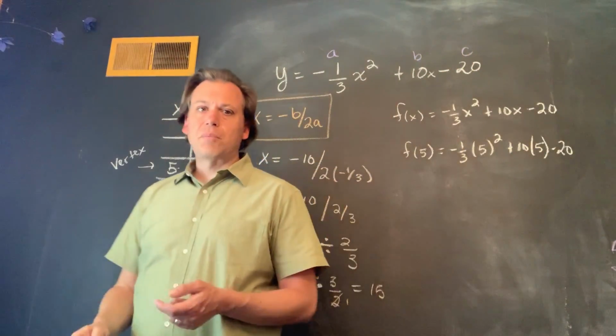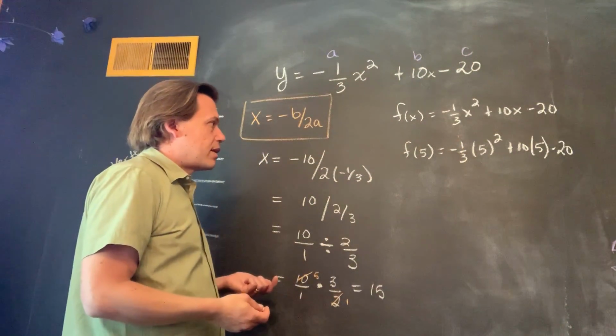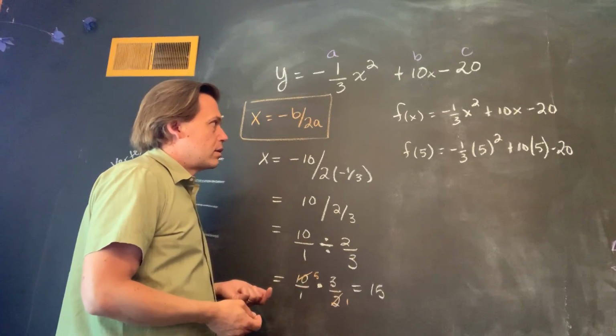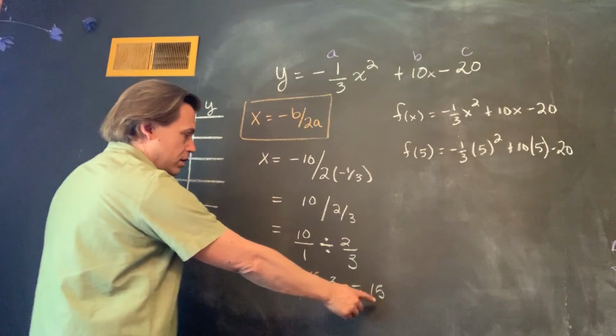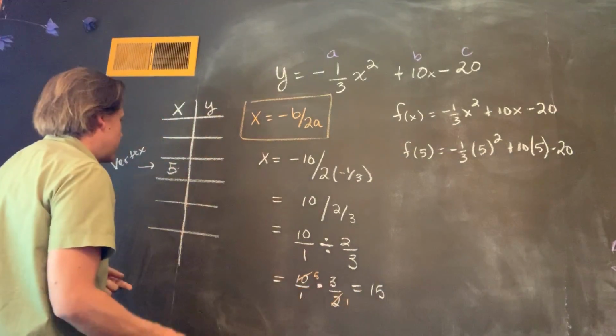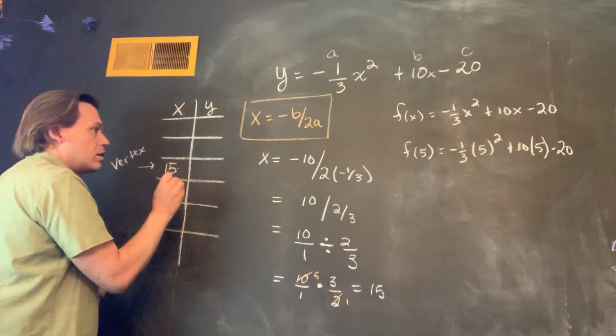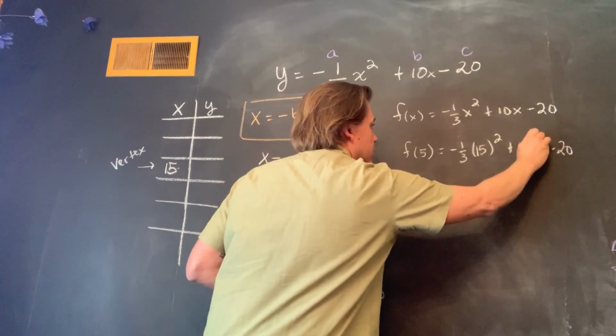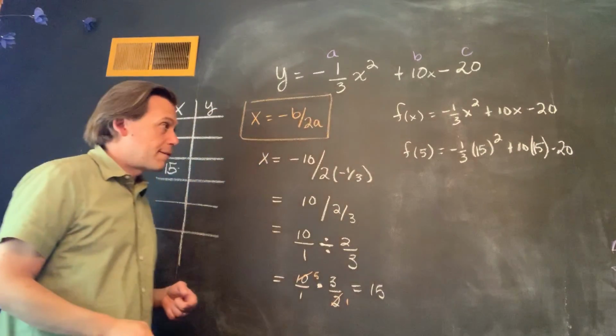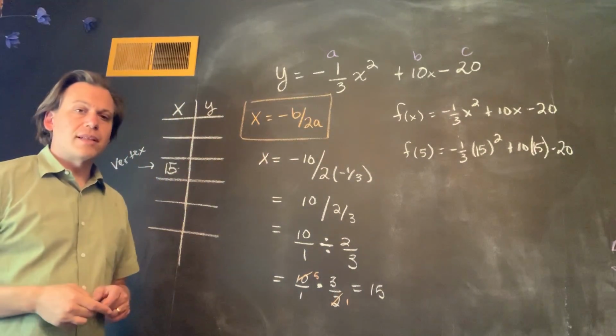Everywhere where I see an x, I put a 15. And I need to calculate that. I messed up. That's a 15 here, huh? So this should be a 15. So this should be a 15. So that should be a 15. There, now it's correct. So now I've got to calculate that.